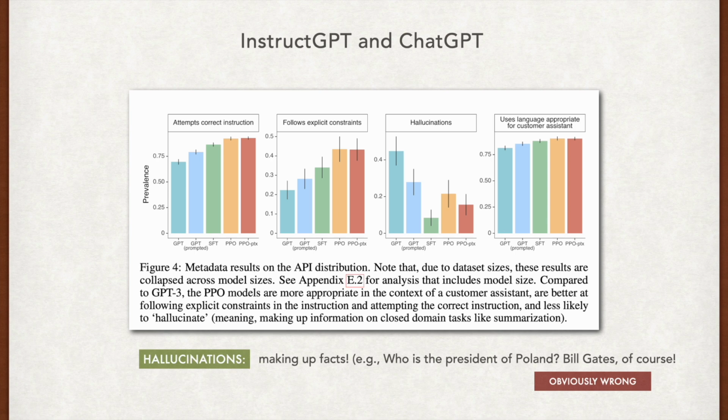For instance, if we ask the model to answer the question who is the president of Poland, and if it answers Bill Gates, this is not true. This is a hallucination of the model. And we see that the InstructGPT model hallucinates less often in closed domain tasks. These results suggest that InstructGPT models are more reliable and easier to control than GPT-3.